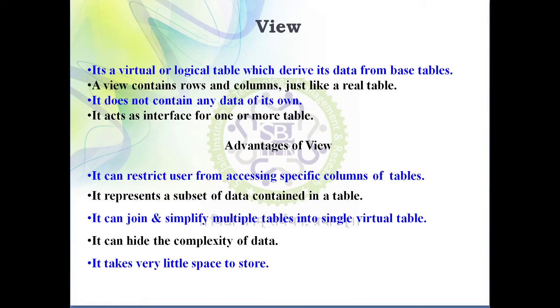Now again I will give a simple example of customer and order. Suppose I have created two tables. One table is called customer, where I will store customer details such as customer ID, customer name, address and contact number. And another table I have created is the order table, which consists of customer ID, order amount and order date.